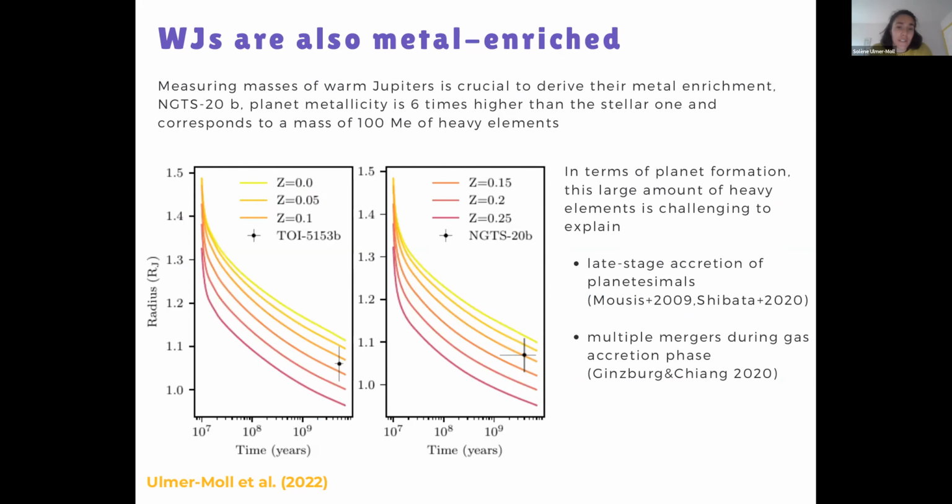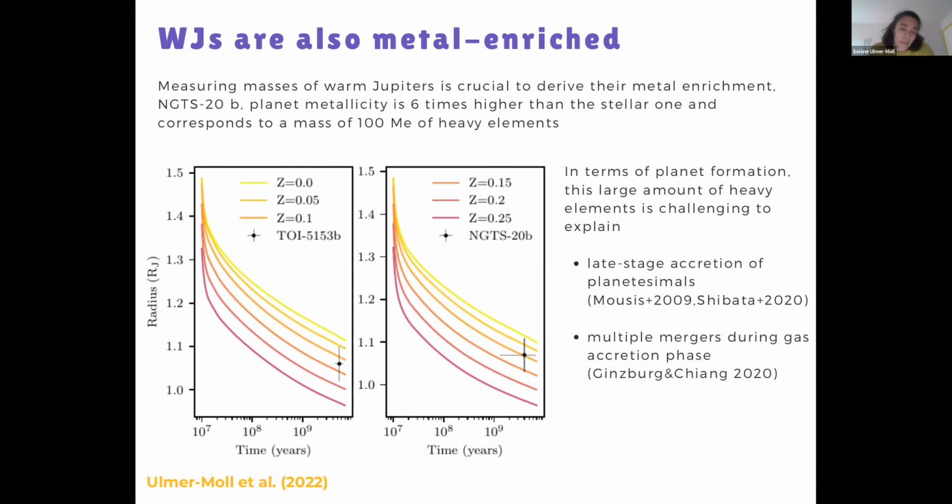And what can we do when we have the mass? Well, we can go back to these planet metallicity estimates. So here I show the radius as a function of time, modeled with a planet evolution model. And the different colors represent different metallicities of the envelopes.